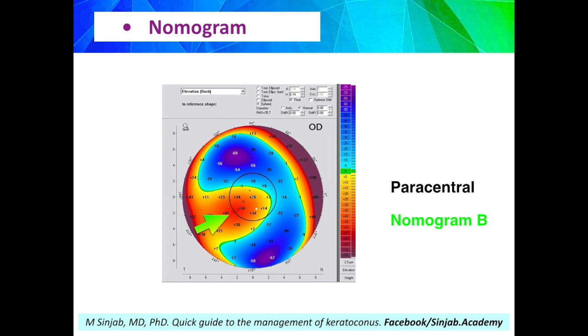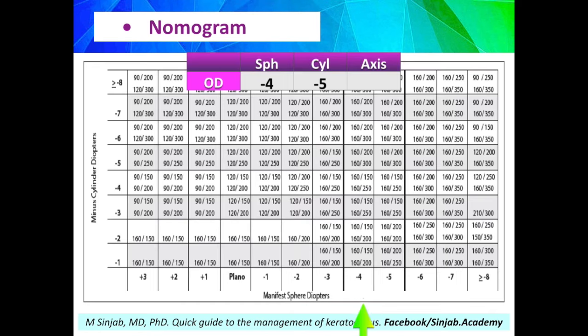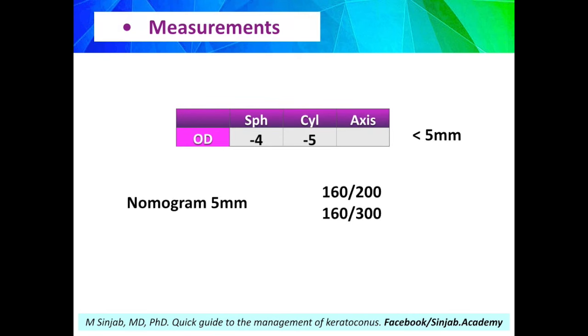And since the cone is paracentral, we go for nomogram B. This is nomogram B. The patient has -4 diopters sphere and -5 diopters cylinder. So we have to use 2 segments. One is 160, 200 microns, and the other one is 160, 300 microns. So the final measurements are 5 mm type, 2 segments, 160, 200, and 160, 300.